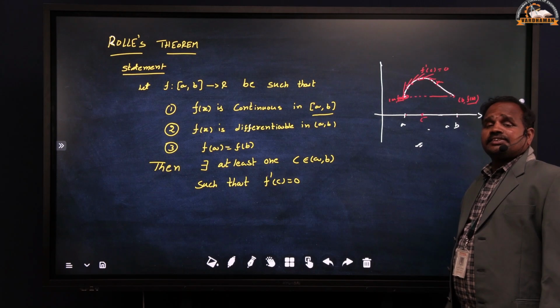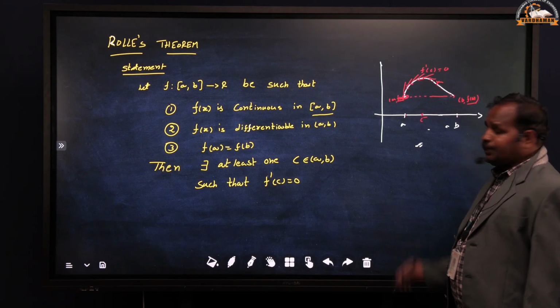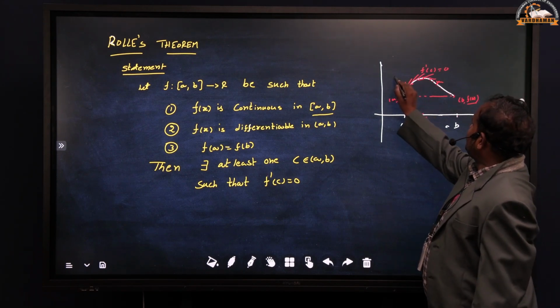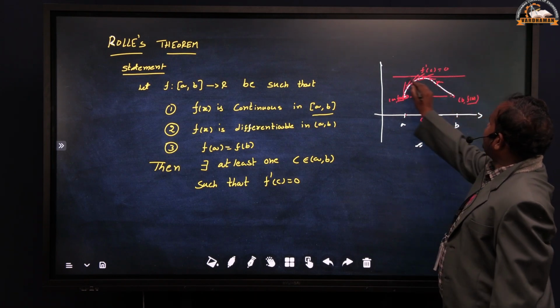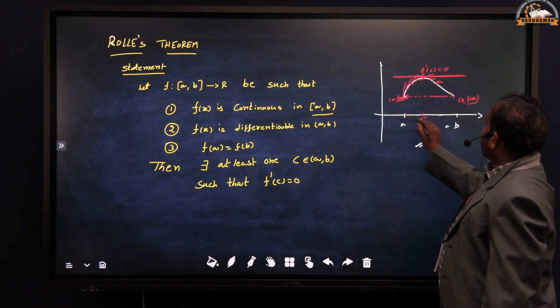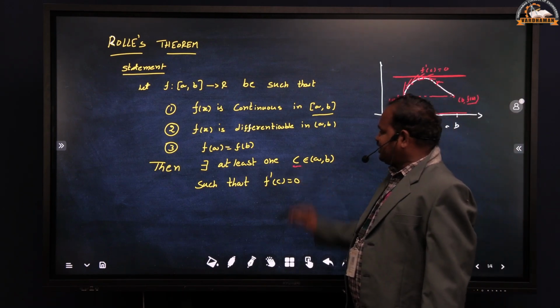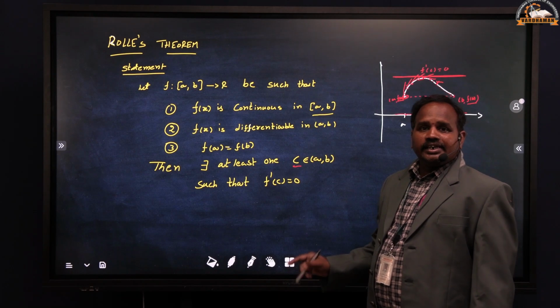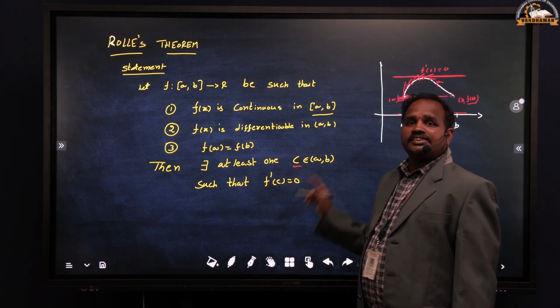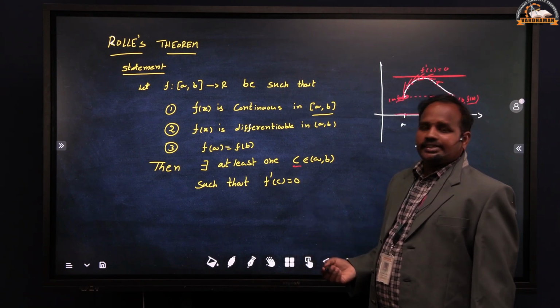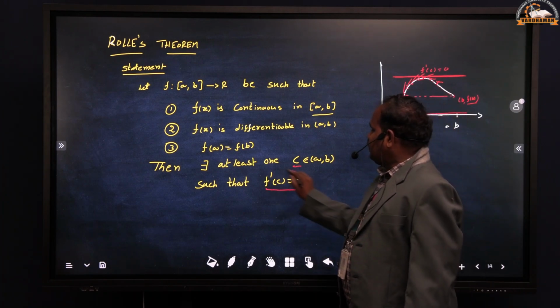Derivative 0 means that the tangent is parallel to the x-axis. So at this point we get a tangent which is parallel to the x-axis. That is what Rolle's theorem says: there exists one point at which the tangent is parallel to the x-axis.